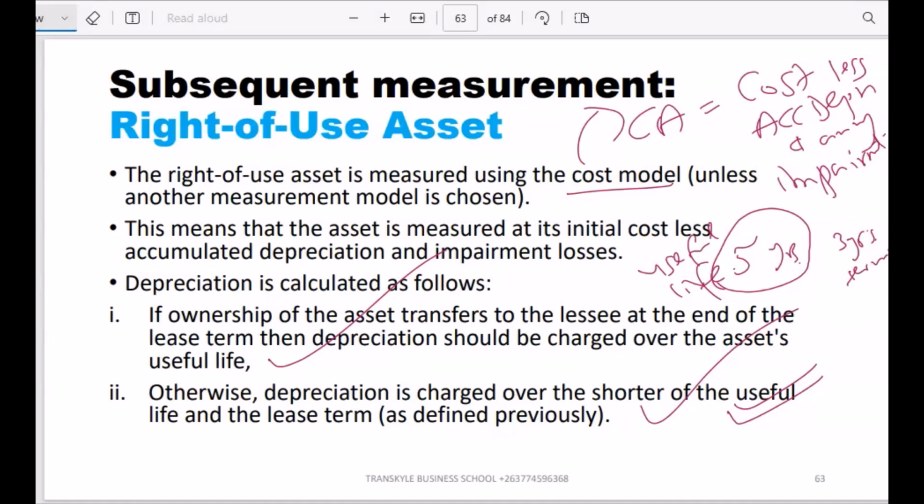So when the asset is going to be transferred, our depreciation should be based on the useful life of the asset. Otherwise, the depreciation should be based on the shorter of the useful life and the lease term.